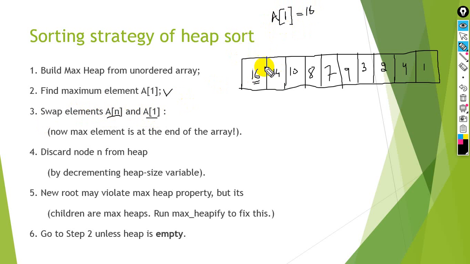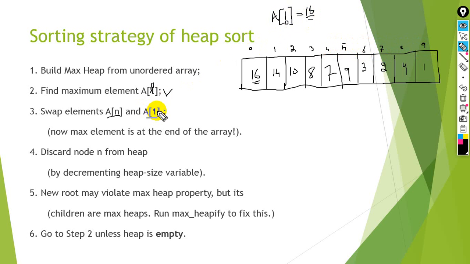In the previous slide I told you that if you start the array from zero, then 16 is A0, not A1. So this will then be A0. If you start from zero, the index numbers are 0, 1, 2, 3, 4, 5, 7, 8, 9. It means the total number of elements is 10, and the first element A0 is 16.